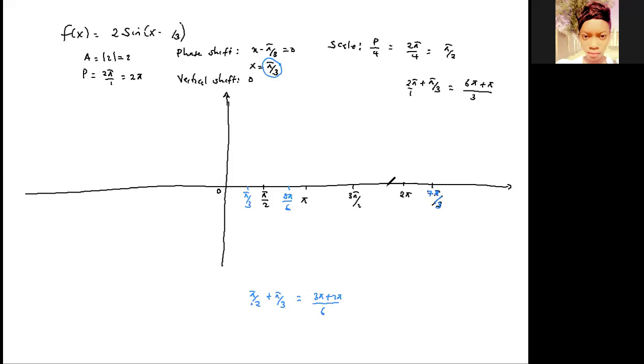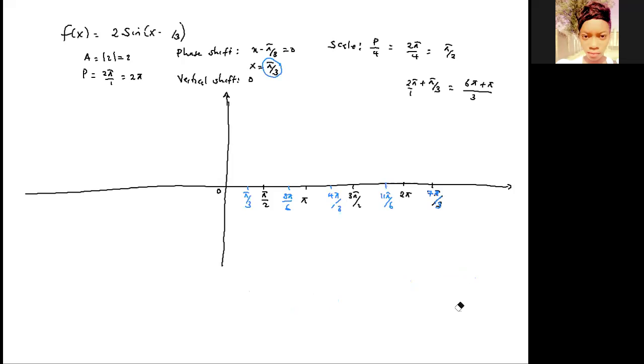And then again to pi, I add pi over 3. That will be 4 pi over 3. The next one, to 3 pi over 2, I add pi over 3. So I'll have 6. That is 9 pi plus 2 pi. So that will be 11 pi over 6. Okay, so now I have my shifts.